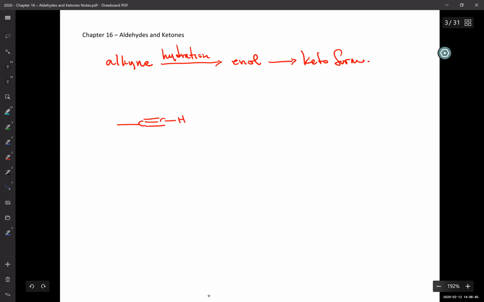I'll put the C's in there, might as well. If you hydrate that carbon, right, and you form the enol there, you're gonna get this.